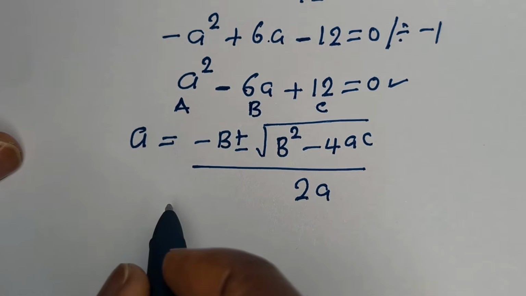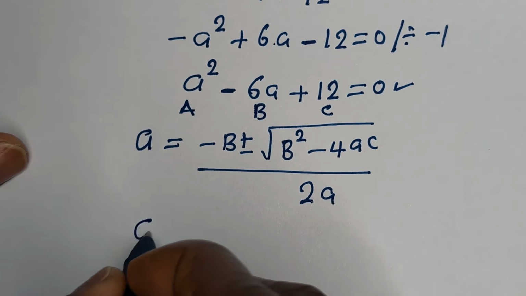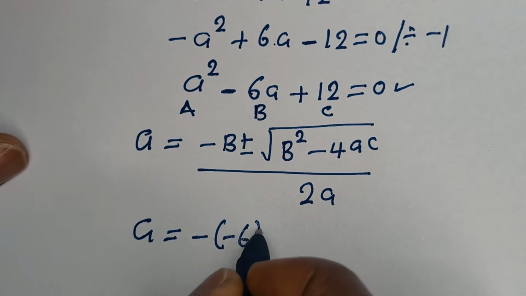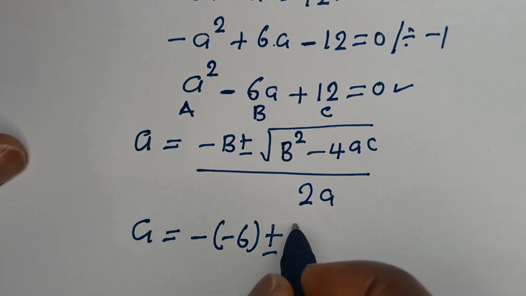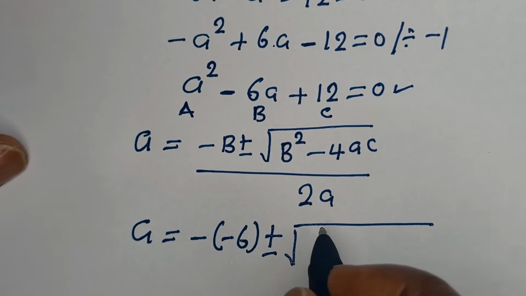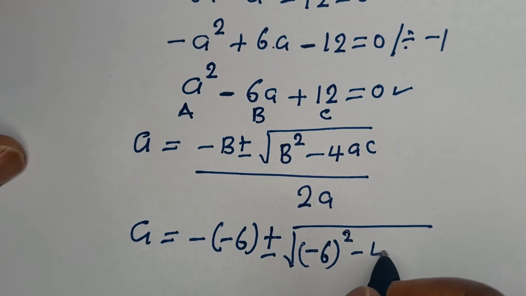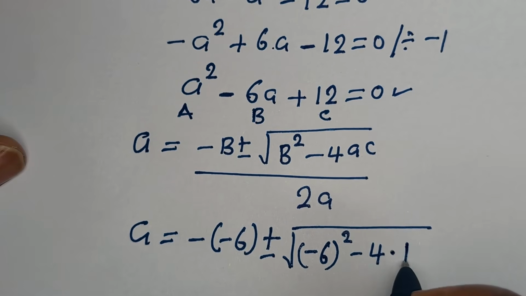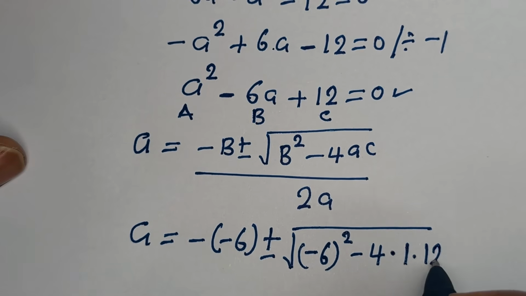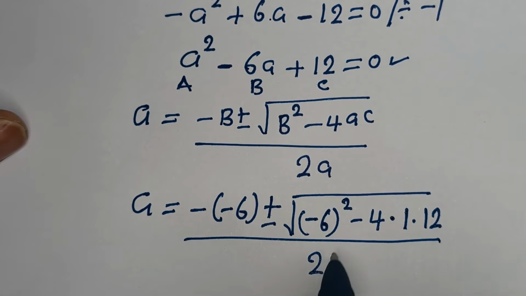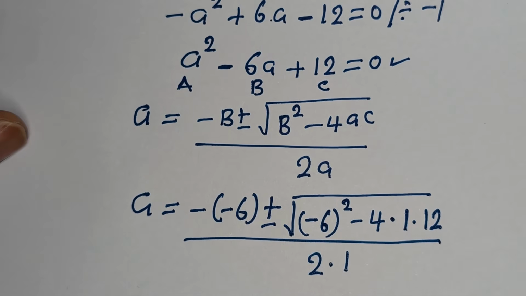So we have A is equal to, that is minus bracket minus 6 plus or minus square root of minus 6 square minus 4 multiplied by A is 1 multiplied by C is 12 over 2 multiplied by A is 1.